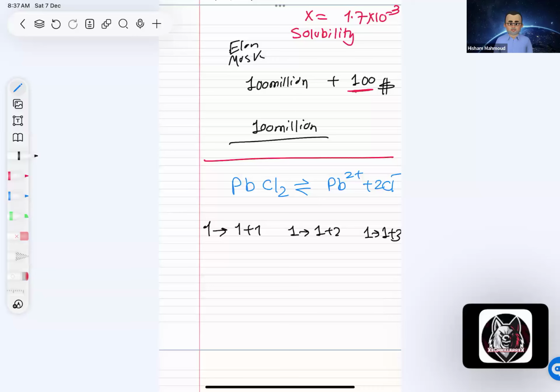Which one is this, Miriam? It's 1 mole breaking into 1 mole and 2 moles, 1 mole of lead and 2 moles of chloride. In this case Ksp equals 4s cubed, here Ksp equals s squared, and here Ksp equals 27 s to the power of 4.